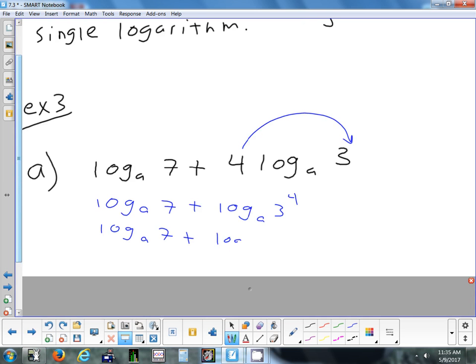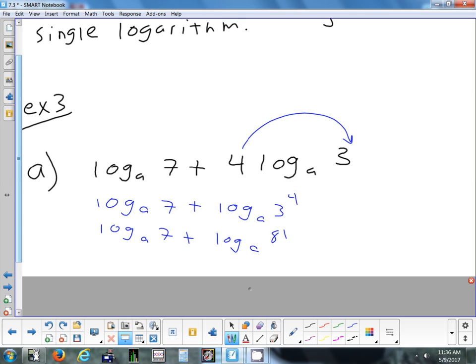If you wanted, at that step, you could have done 3 to the 4th power. I'm going to do it right now, so I get the answer. 3 times 3 is 9, times 3 is 27. What's 27 times 3? 81.